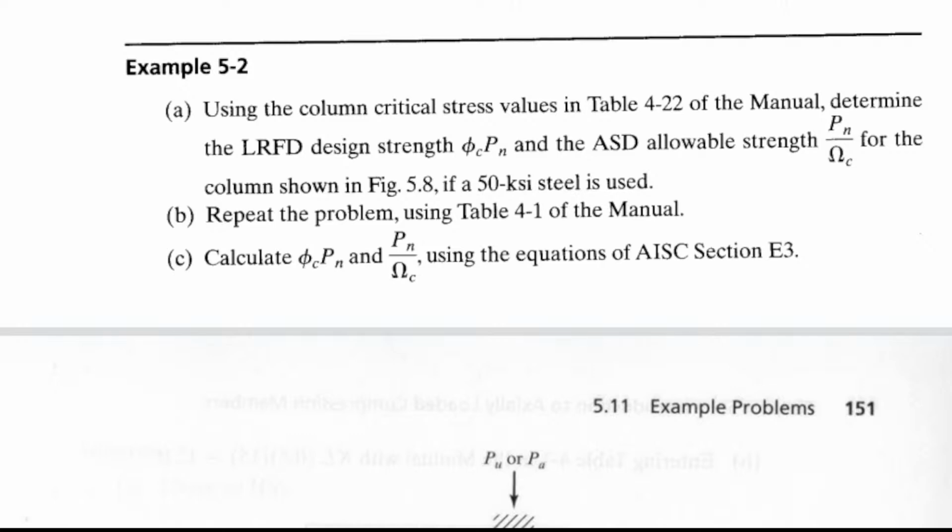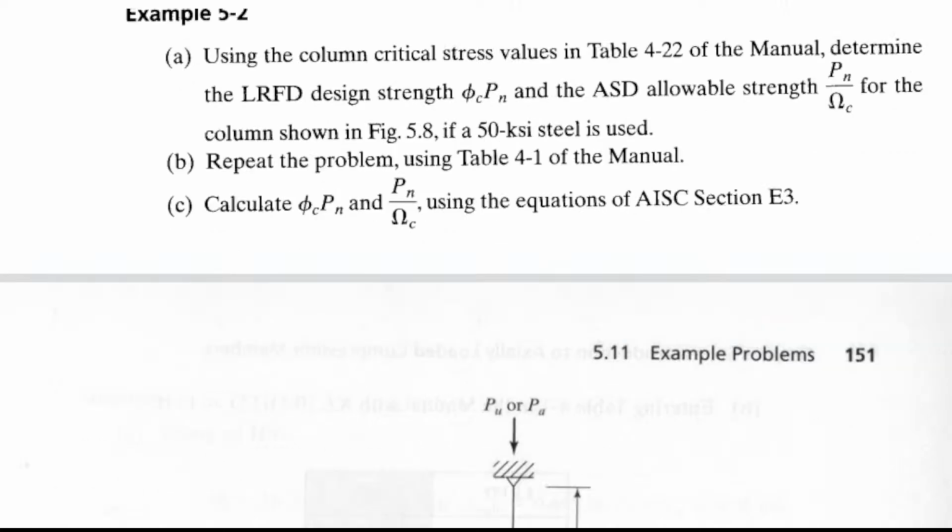Then letter B, repeat the same problem using Table 4-1 of the manual. So let us compare the difference between Table 4-22 and 4-1. Then letter C, calculate the design strength and allowable strength using equations of AISC Section E3.